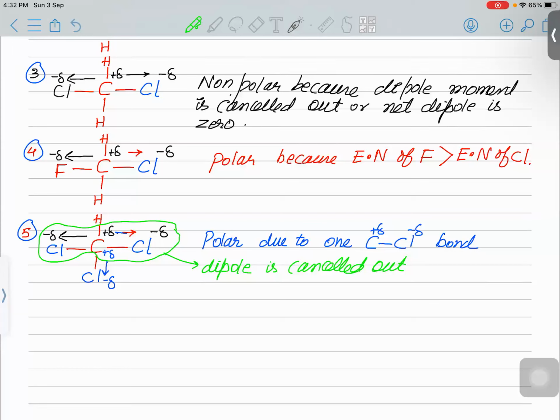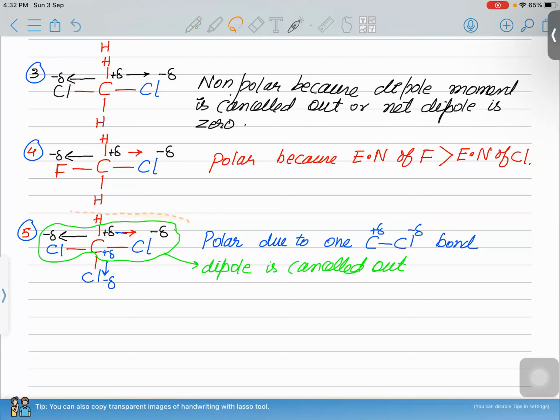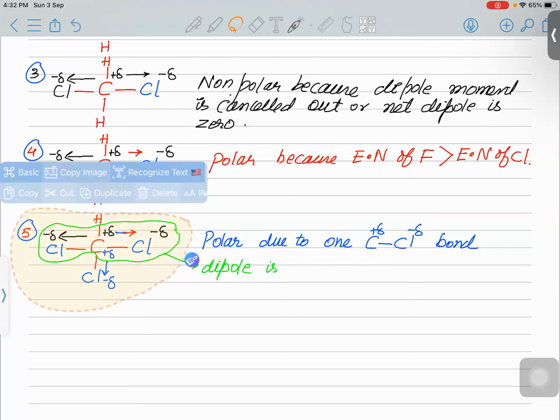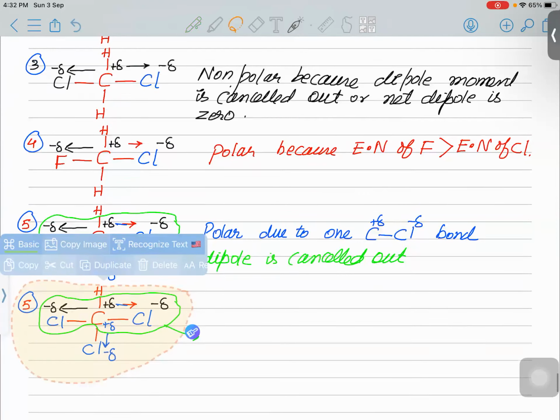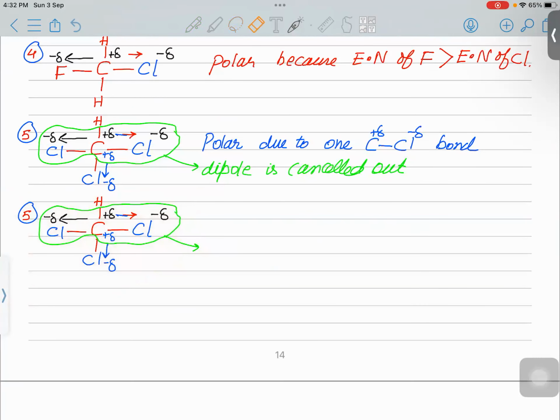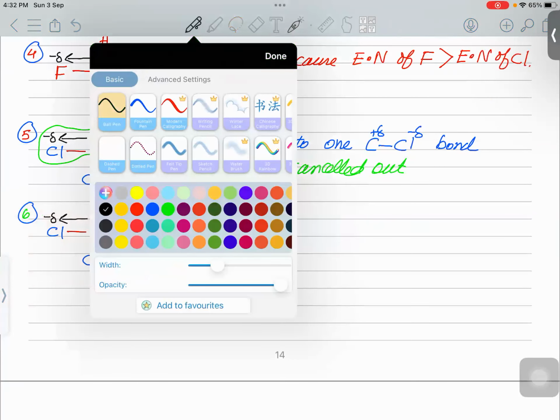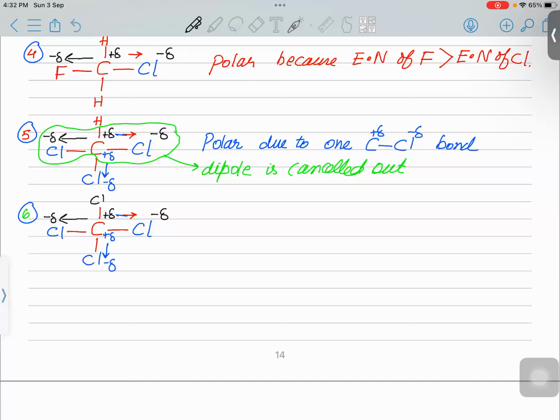Now question number 6. Hamza. Yes, sir. Now tell me the polarity of the compound.